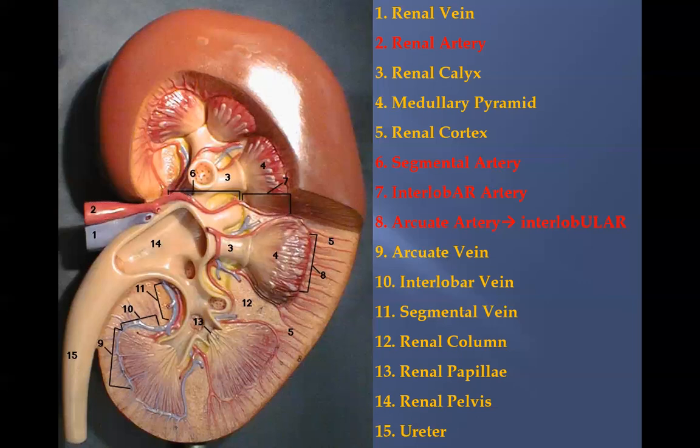Now, if you look at the artery, it goes in and forms the segmental artery, this one, till here. Then it forms the interlobar artery from here.